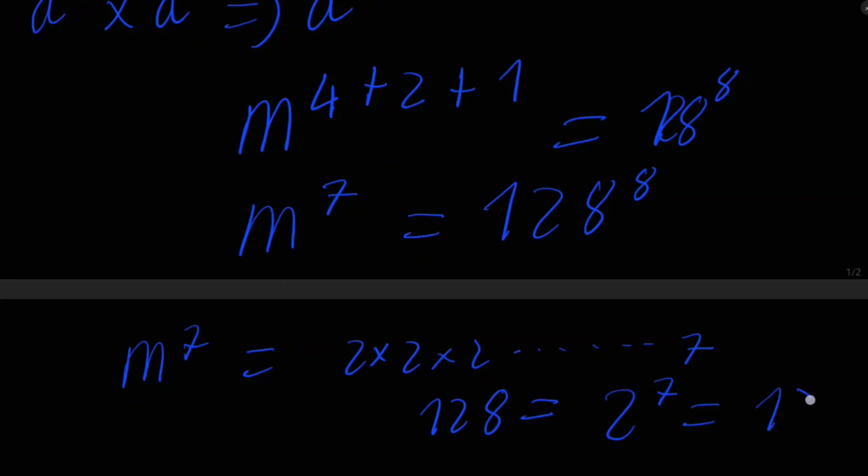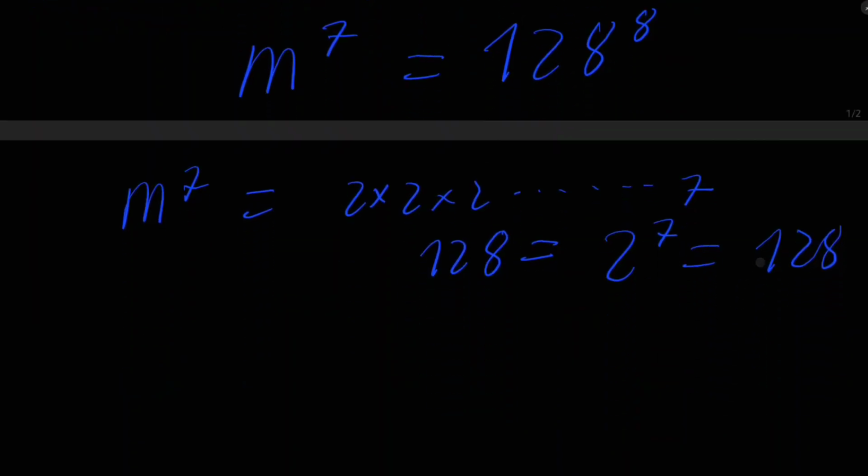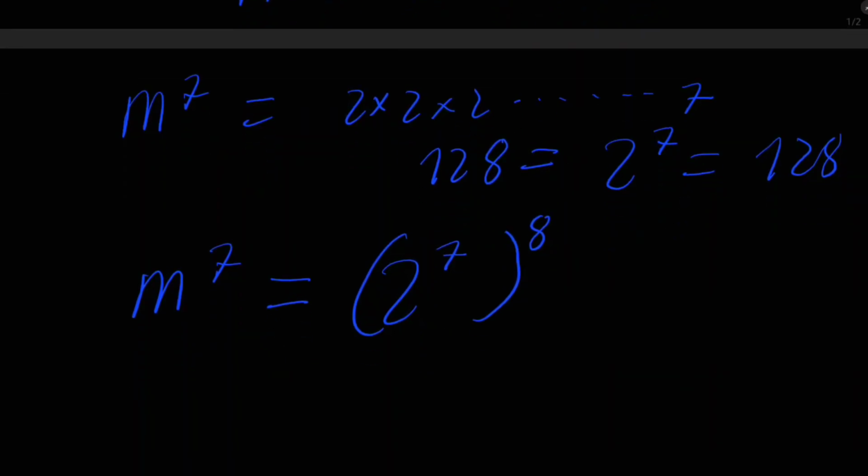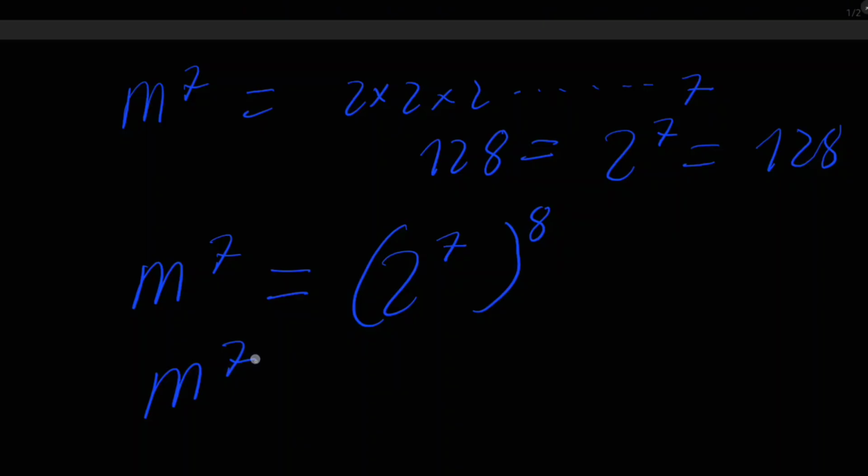Now we see that m to the 7 will be equal to 2 raised to the power 7, all in brackets, raised to the power 8. And now m to the power 7 is equal to 2 to the power 7 times 8.